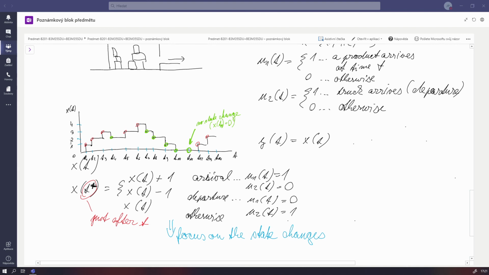This can be understood as interrupts in computer systems.